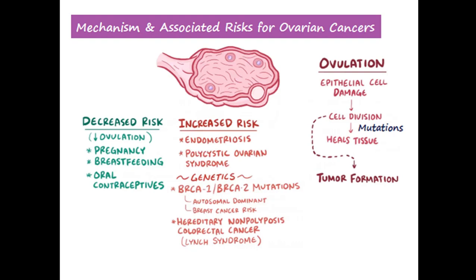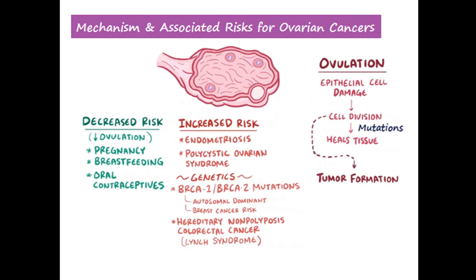Regarding the genetic background of ovarian tumors, there are two genes. One is known as BRCA1 and the other is known as BRCA2. Mutations in BRCA1 and BRCA2 increase not only the risk of ovarian tumors, but also the risk of breast cancer.